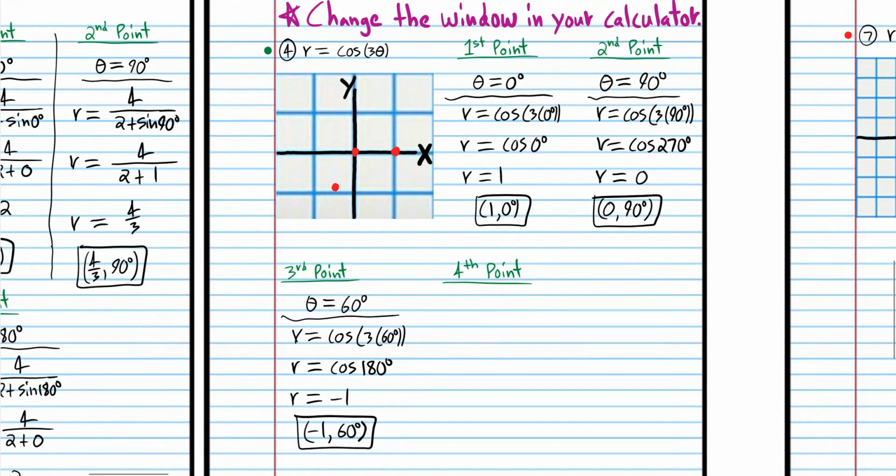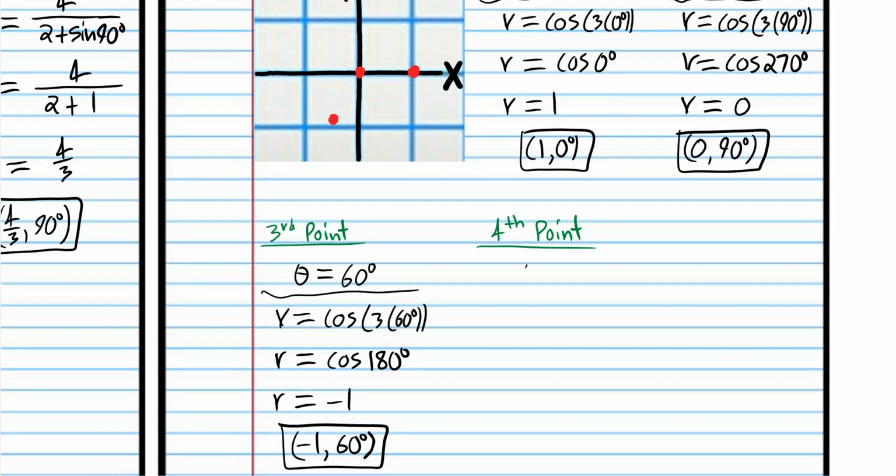Okay, now what should we do? Maybe -60 will work. I'm going to try it. R is equal to cosine 3 times -60. So cosine -180 degrees.